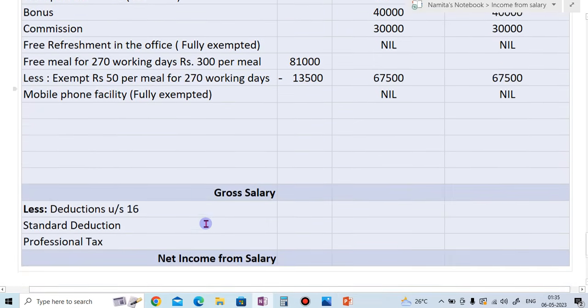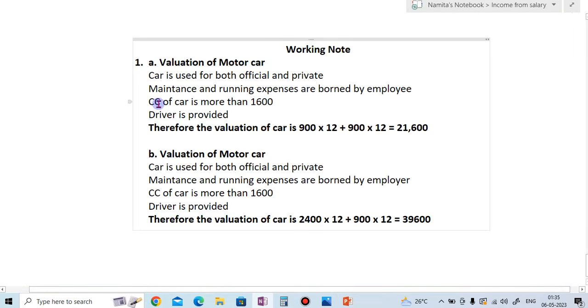So now see here in the working note I have written, the car is used for both official and private. Maintenance and car running expenses are borne by the employee, and the cc of the car is more than 1600 as well as the driver is provided. Therefore the valuation of the car is rupees 900 multiplied by 12.